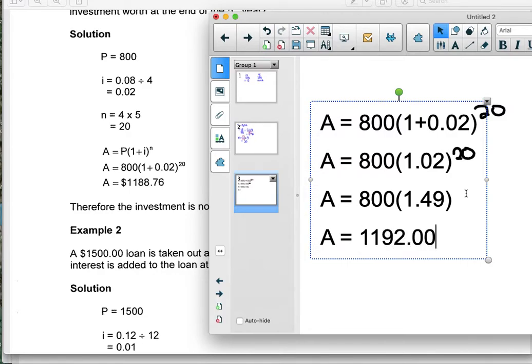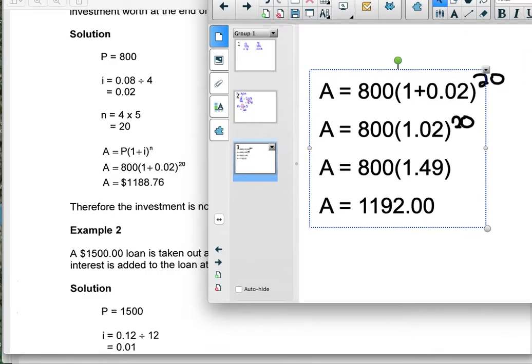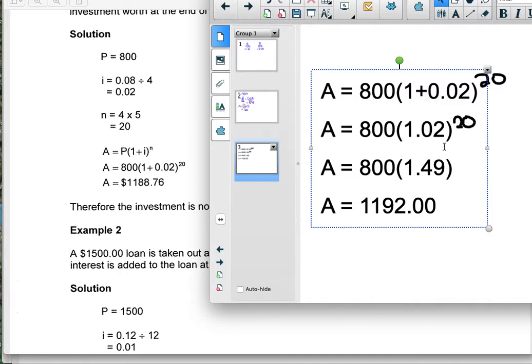1192. So you can see here that this number is not the same as this number. I'm going to give you a second to think about why that might be. It has something to do with this. So if you think about that for a second. And we're back. If you kept more decimal places, you are going to get closer to this number.